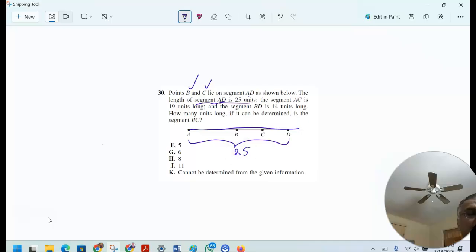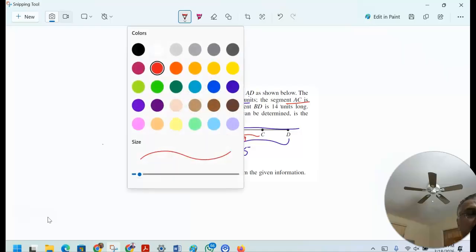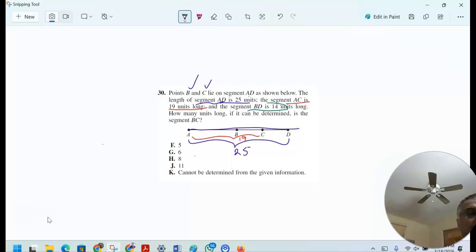Now I'm going to change the color to red. AC is 19. AC basically means from here to here is 19. And then I'm going to use another color, green. BD is 14. That means from here to here is 14.